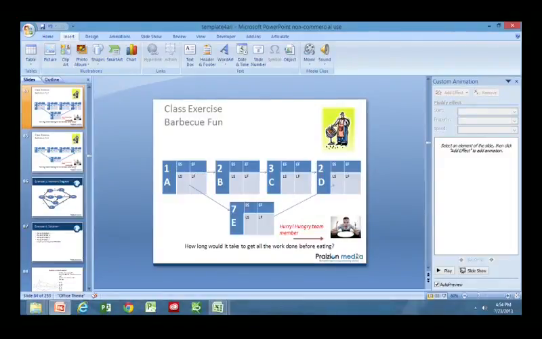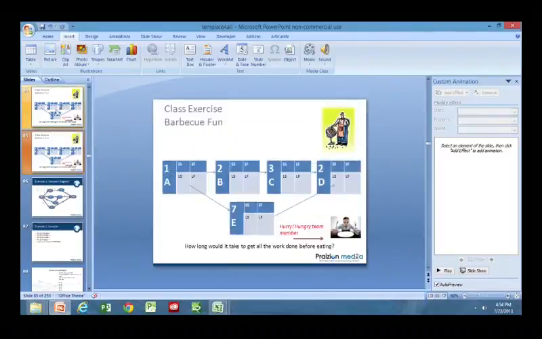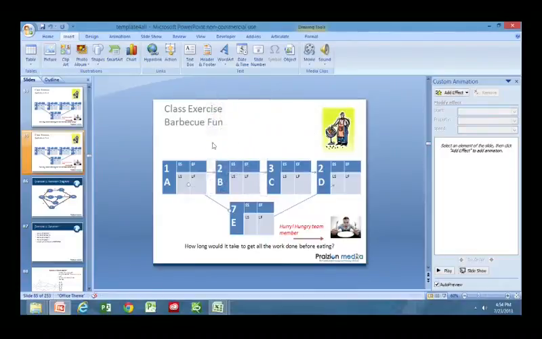Let's call it an hour. Activity B is 2 hours. Activity C is 3 hours. Activity D, 2 hours. And activity E, 7 hours. The question is, how long is the critical path? Now, we probably should make these minutes, otherwise people are going to start waiting for us to get done cooking in 8 hours, don't you think?